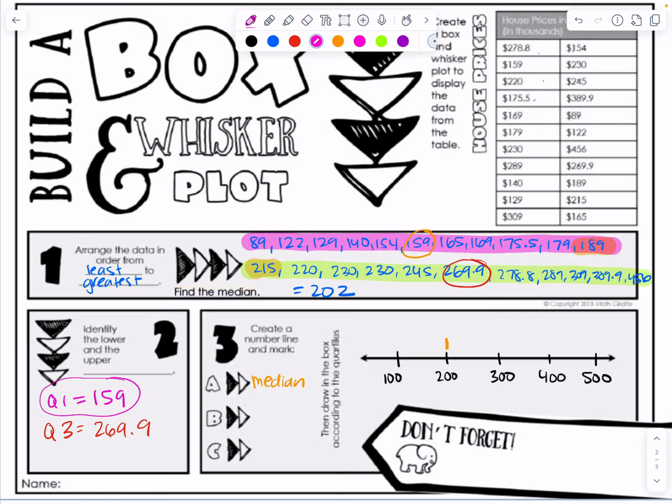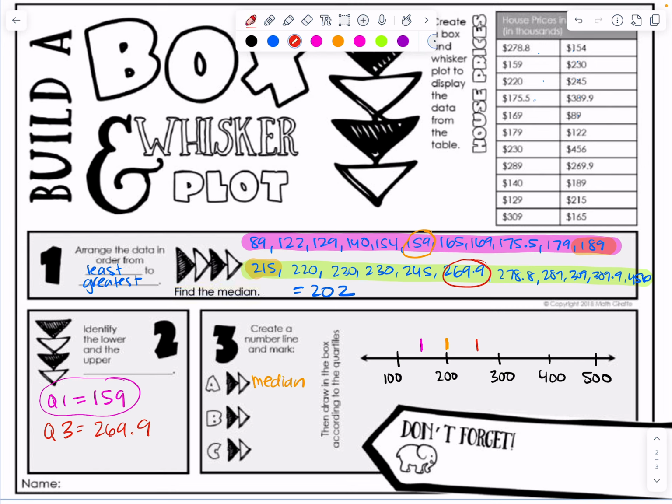Because it's quite a small figure in terms of this being 100,000, it'll look like it's right on the 200,000 essentially. So that's the median. That's the first part of drawing our box and whiskers. So the first thing we do is the median.